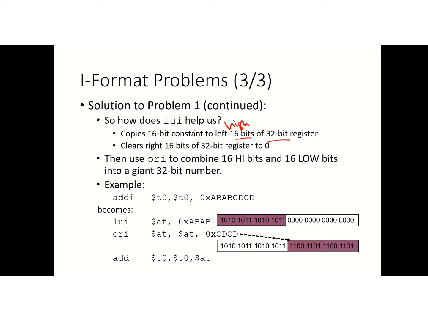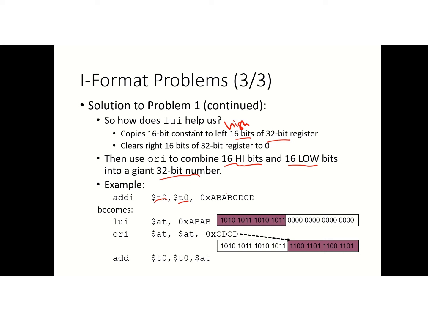Then we will use the OR immediate to combine the 16 high bits and 16 low bits into a giant 32-bit number. For example, we want to add 0xABABCDCD, add the content together inside T0, and then store it back into T0.